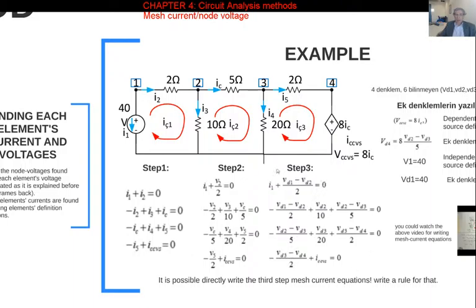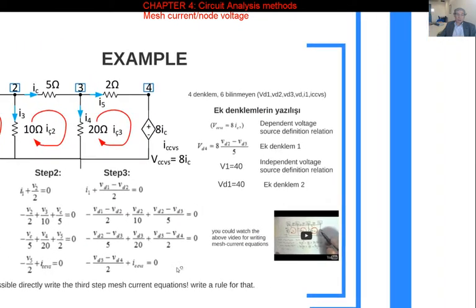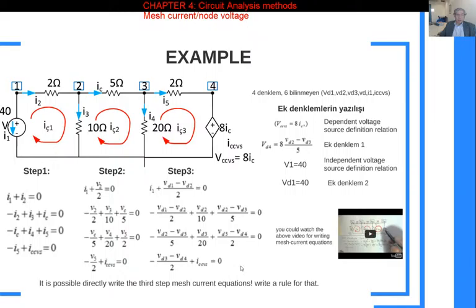So step 3 tells us, for ND node voltages that we have here, VD1, VD2, VD3, VD4, we've got two new unknowns, I1 and ICCVS. So I've got to write two supplementary equations. As I said already, we couldn't use the definition relation of those elements in order to transfer these currents to the voltages. Therefore, we will be using these elements' definition relations for finding the supplementary equations.